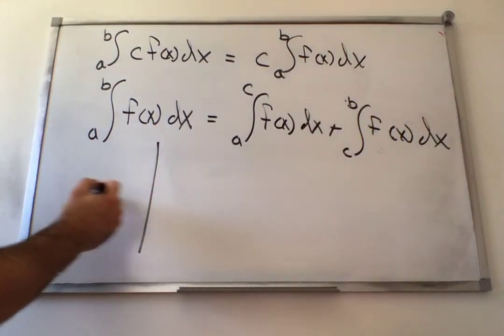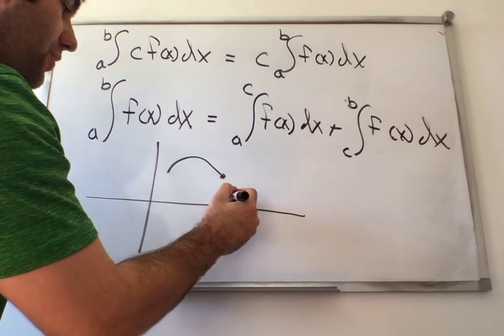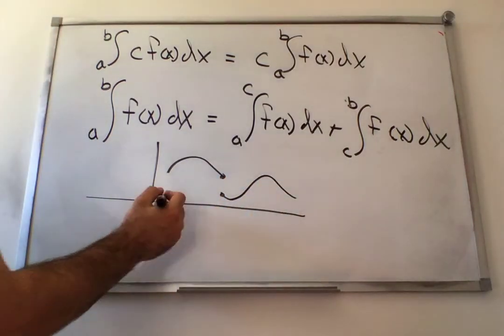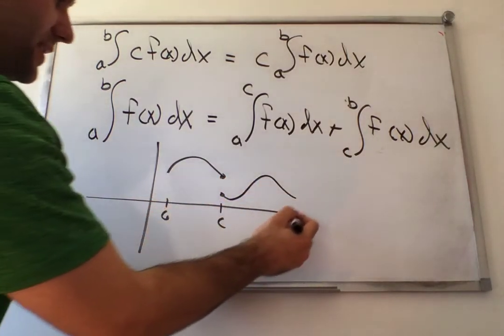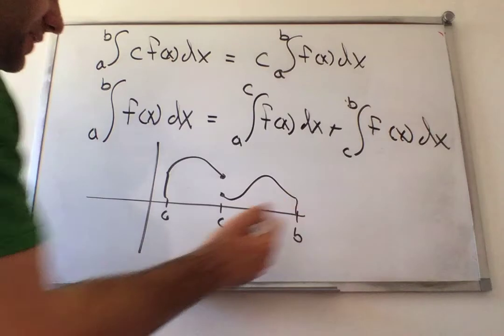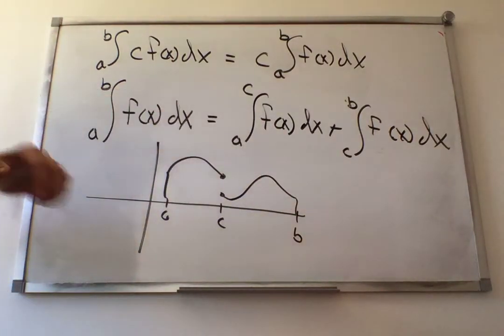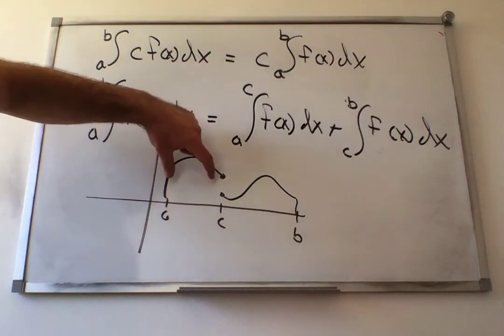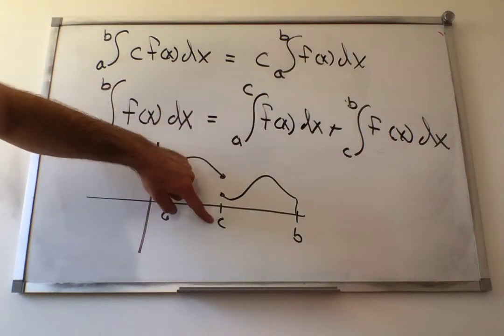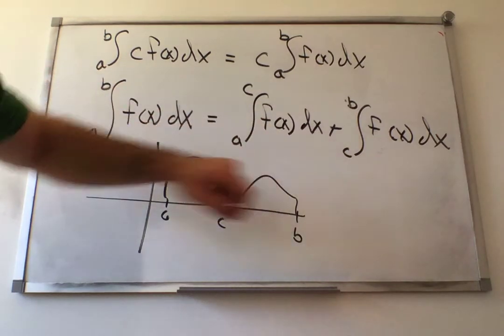So for instance, in our case that we had a jump discontinuity, here would be our a, here would be our c, here would be our b. If we want to find the integral, or in other words, the entire area from a to b, we could split the integral up. We could do this first part from a to c, and then add it to the second part from c to b.